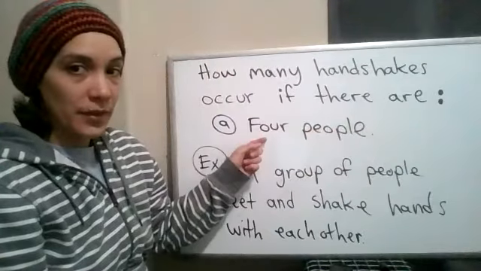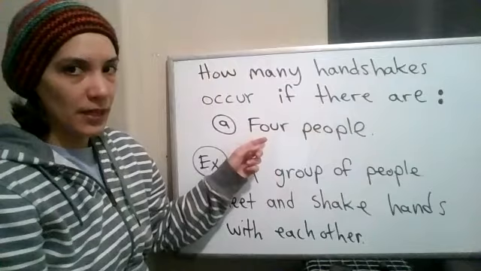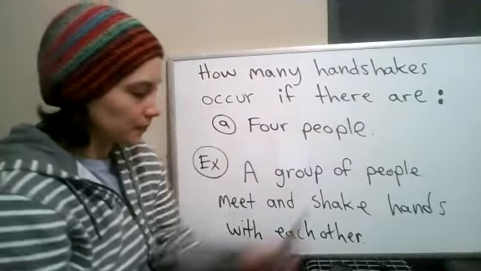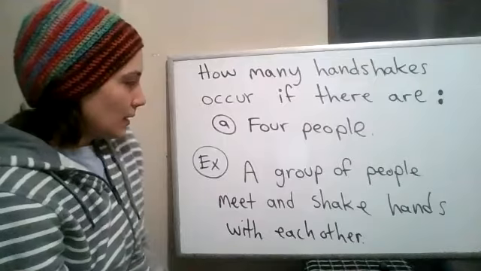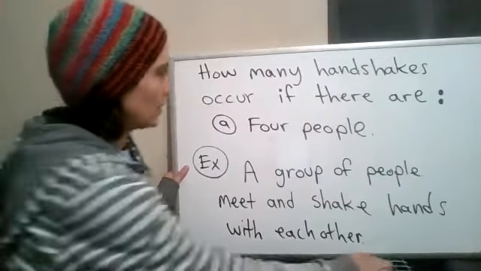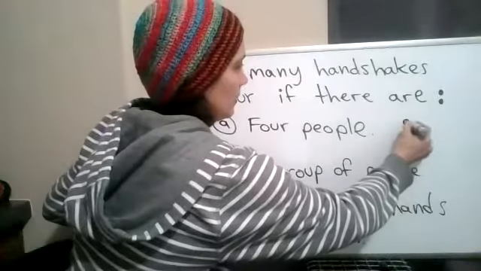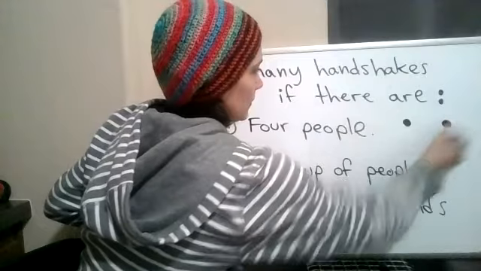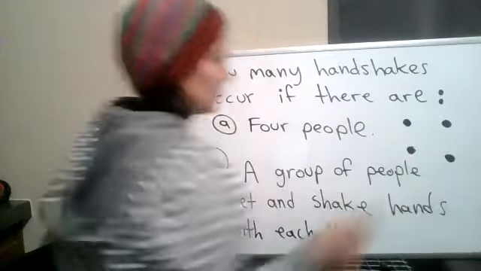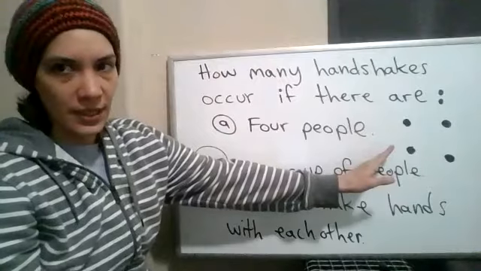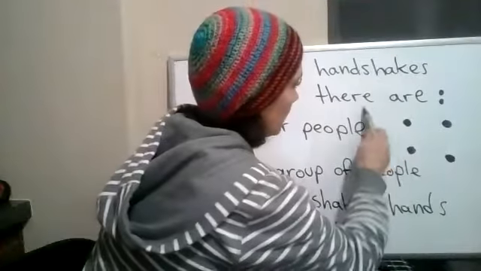Okay, so we're going to draw a dot for every person and make sure all of those people have a connection with each other. Let's start here. So I have 4 vertices in this graph right here.